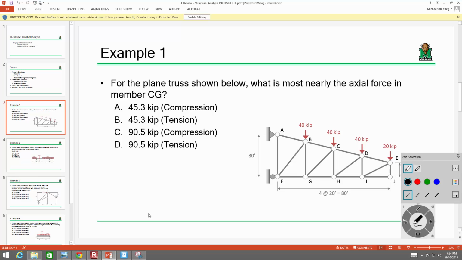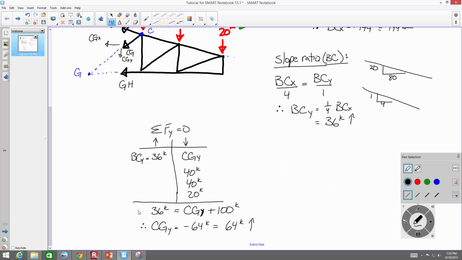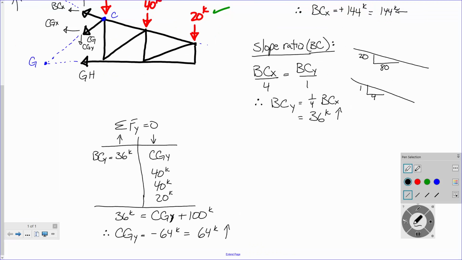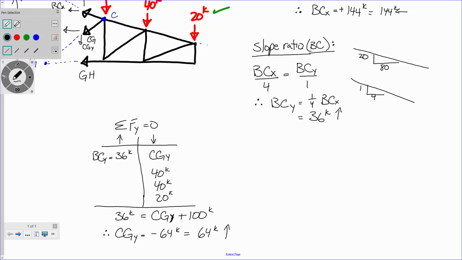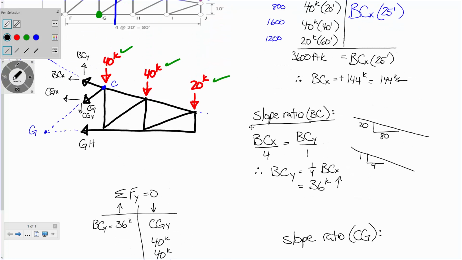Now, for completion's sake, let's go ahead and just finish our problem and see what we get, all right? So I'm going to use the slope ratio again. Let me scroll up here a little bit.